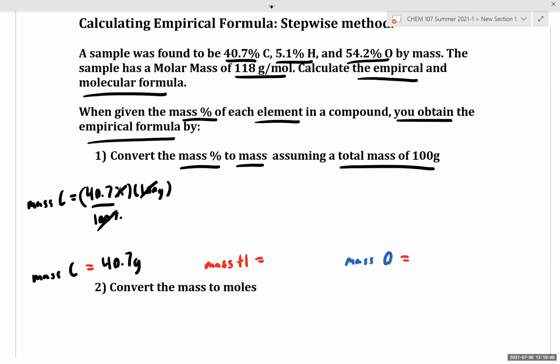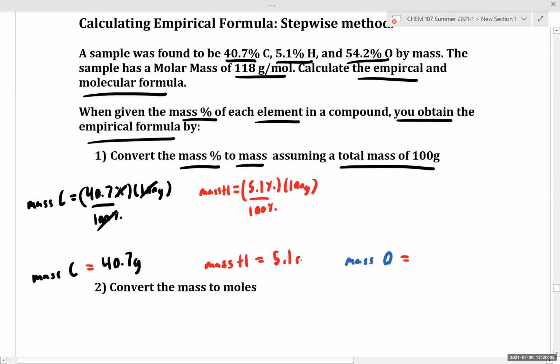5.1. Yep, exactly right. We can calculate the mass of hydrogen by taking the mass percentage of hydrogen over 100% times 100 grams. That in turn gives us a mass of hydrogen of 5.1 grams.